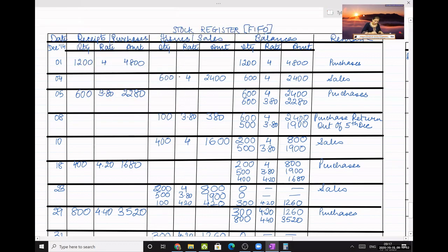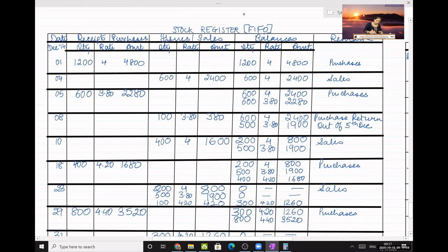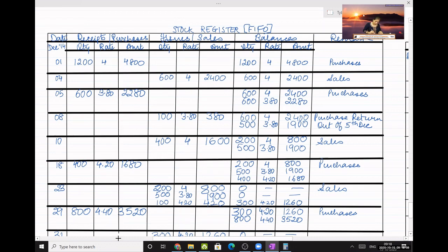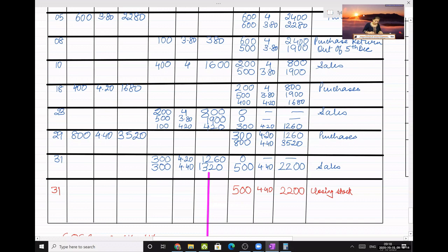Then take it in the balance column. In the remark column, write purchases.